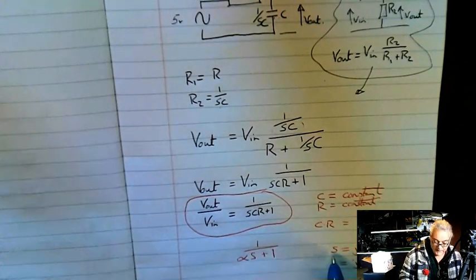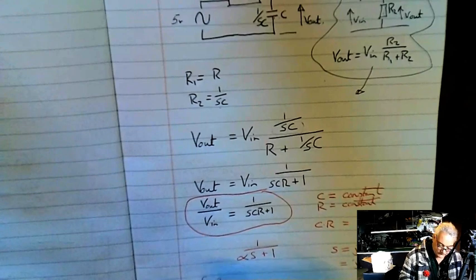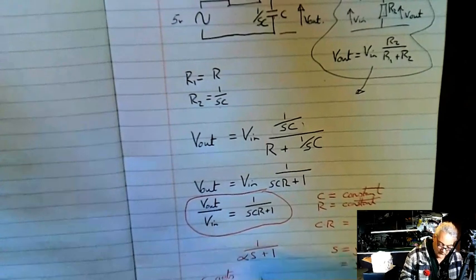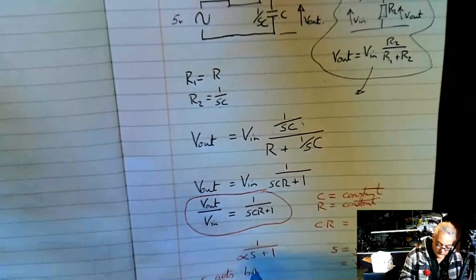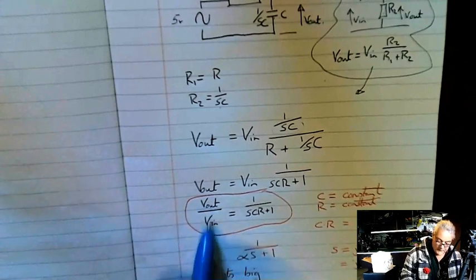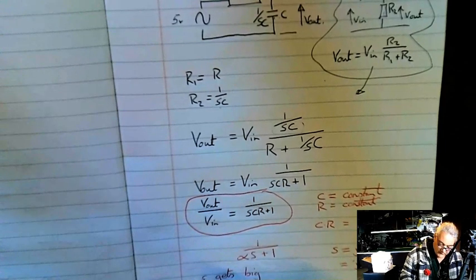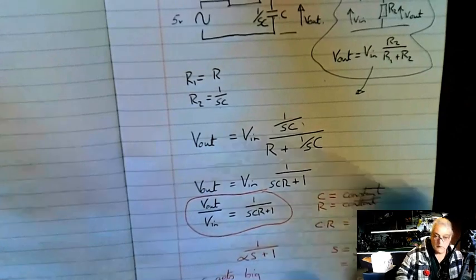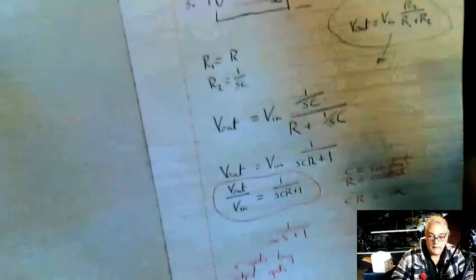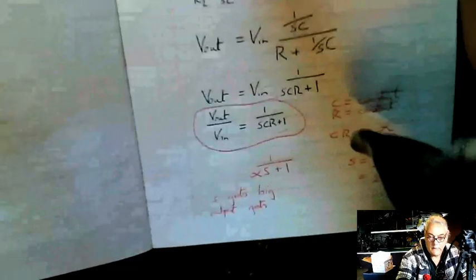So as s gets big, the transfer function, V out over V in, the output gets small. Sorry, I've done it again, I just need to cross a little bit.